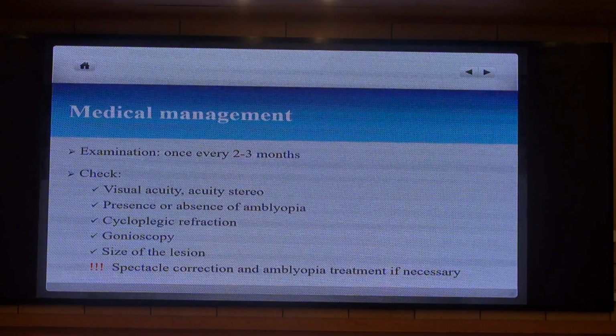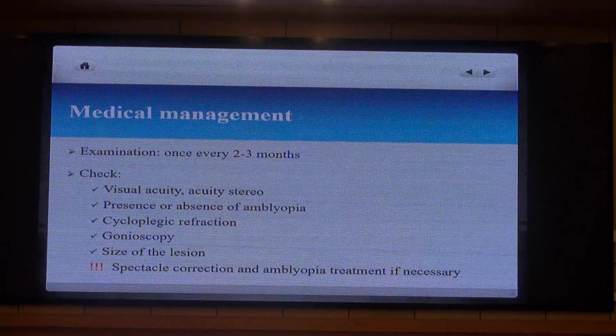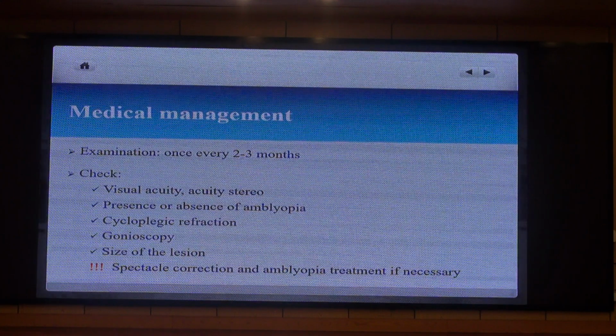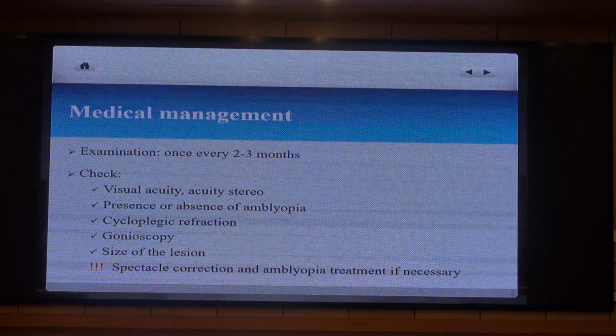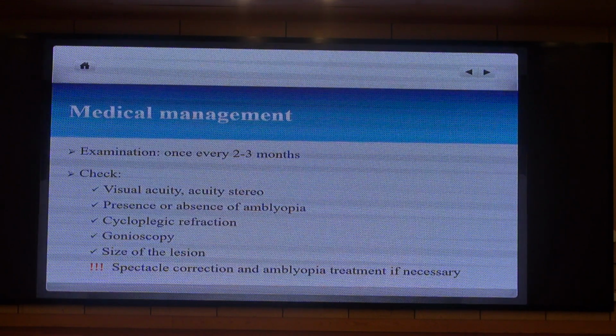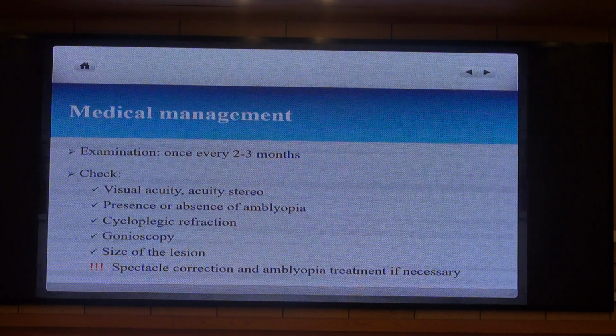The examination we have to do with these patients is once every 2 or 3 months. We need to check visual acuity, stereopsis, the presence or absence of amblyopia, cycloplegic refraction, gonioscopy too, and signs of the lesion, spectacle correction and amblyopia treatment if necessary.